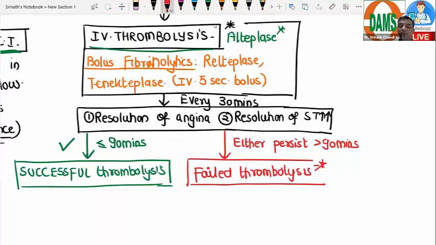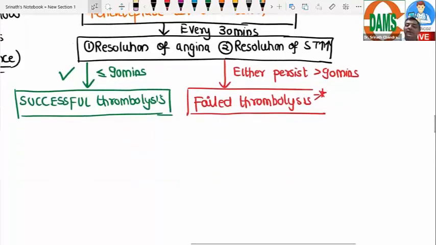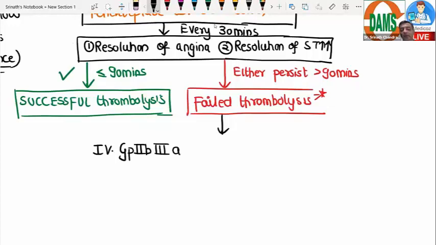So what do I do? The patient is having refractory angina, in a way, failed thrombolysis. So in this patient, I want to start an IV GP2B3A inhibitor. Classical example, tirofiban.